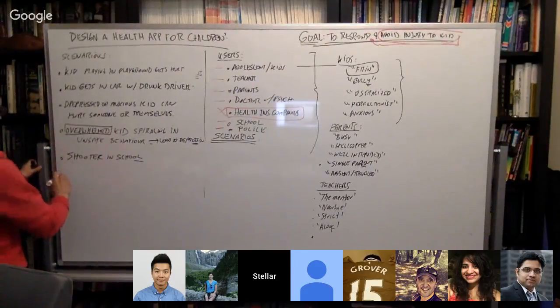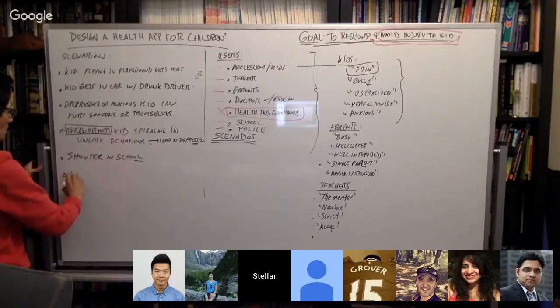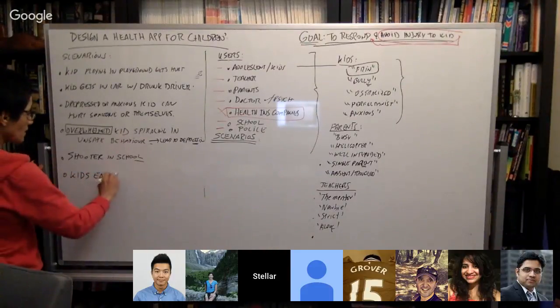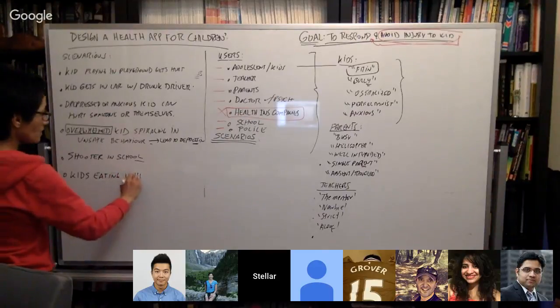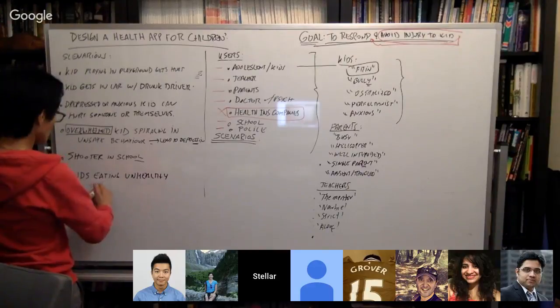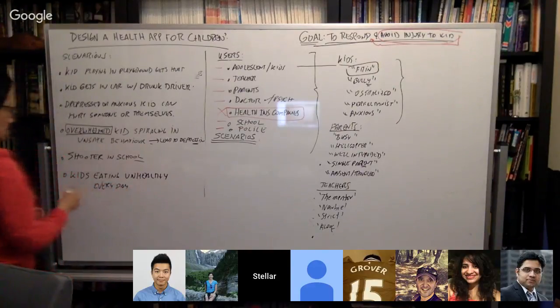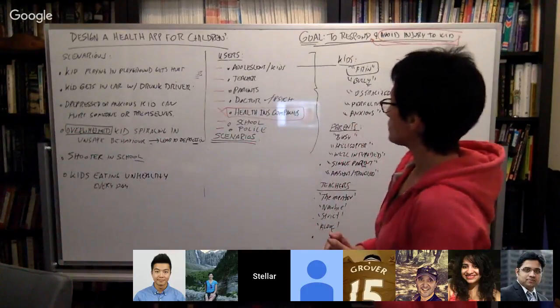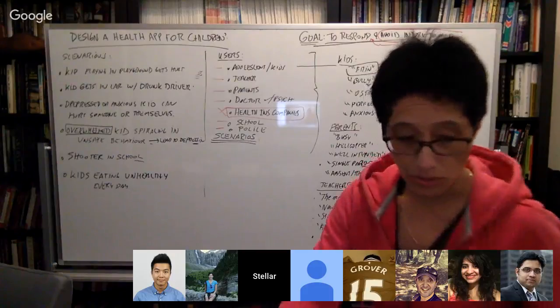Okay, so this could be kids not eating, or eating, nutrition, eating unhealthy every day. Eating junk. Okay, I think we have a lot of these scenarios. All right, so let's go to solutions.